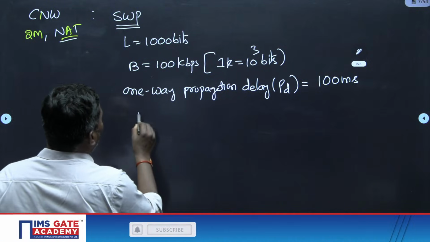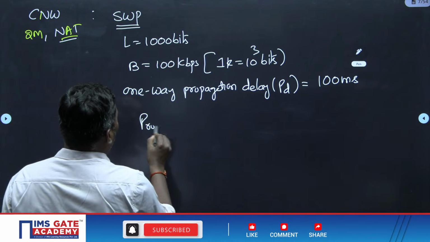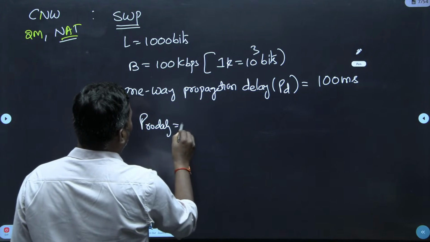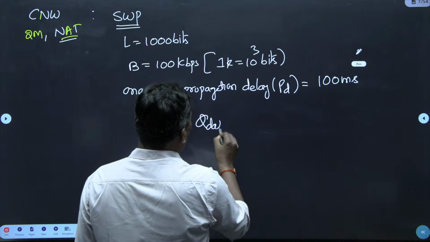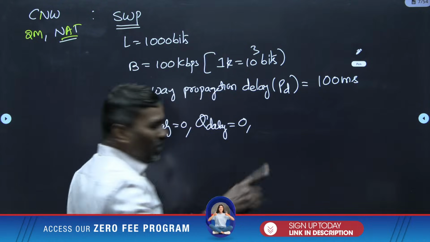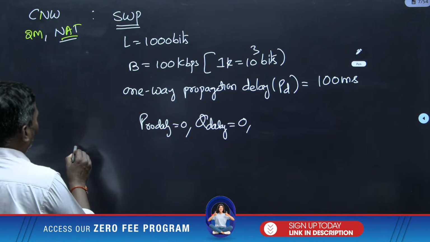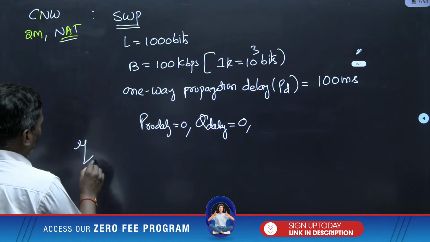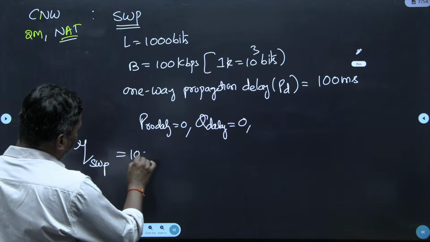Processing delay is neglected, it is 0. The queuing delay is also given 0, neglected. All other delays are neglected here. For the sliding window protocol, efficiency is to be 100%.